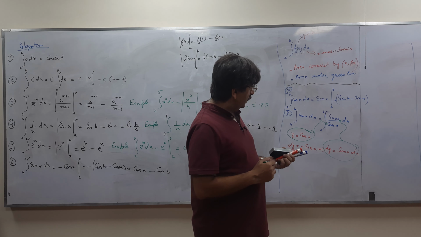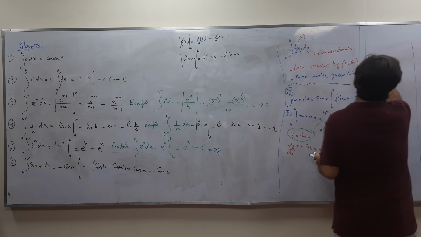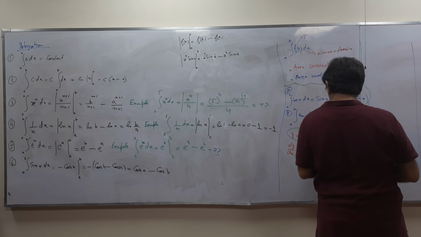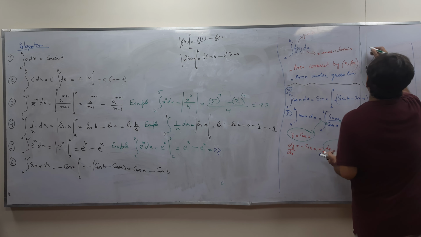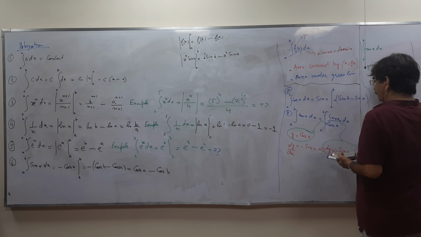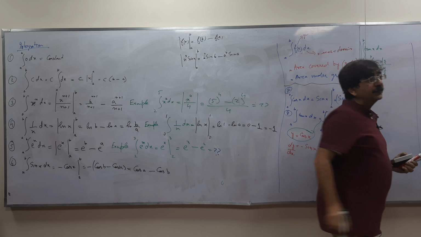What will be the result? tan x dx will become minus dy over y.